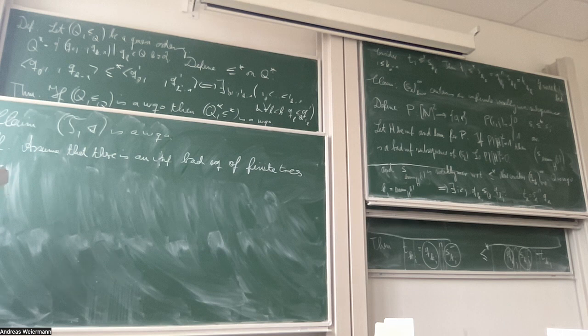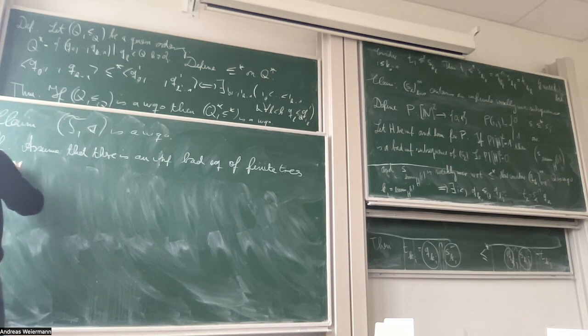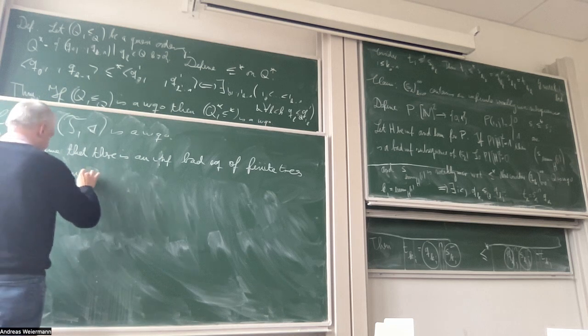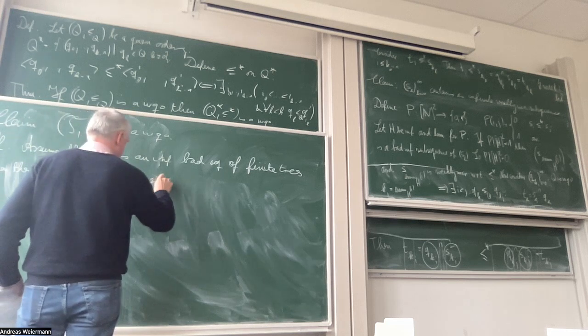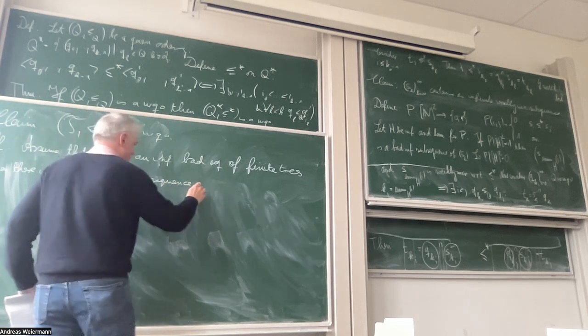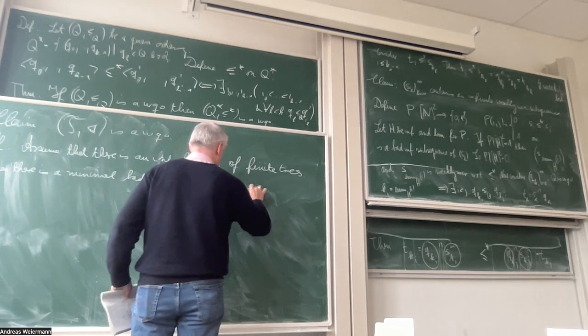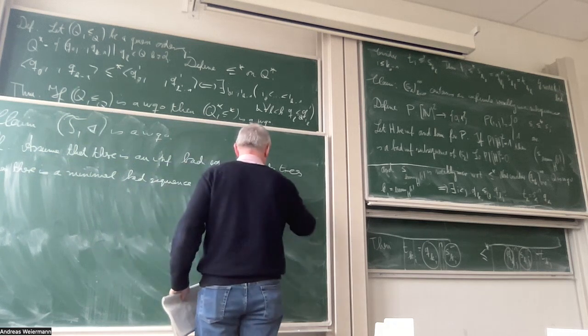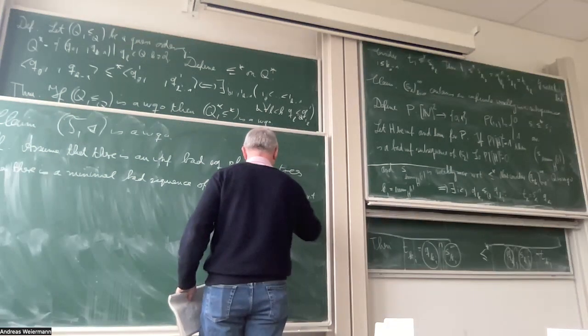Then we consider all sequences starting with this term, and then we choose the second component minimal. So there is a minimal bad sequence of finite trees, minimal with respect to the number of nodes.